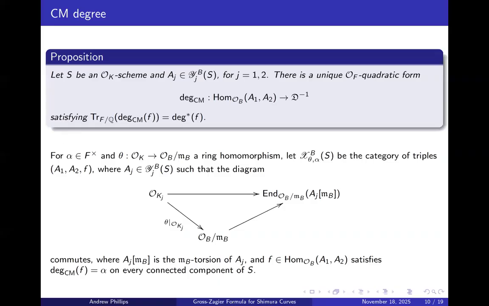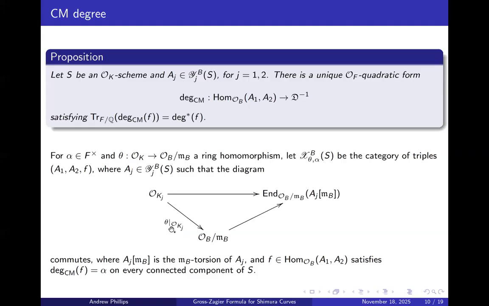We look at some ring homomorphism from OK to OB mod MB, and then we look at the moduli space of triples, where we have two CM-QM abelian surfaces and a morphism F between A1 and A2 that satisfies that the CM degree, this more restrictive, refined notion, is this number alpha that we start with, on every connected component of S. And then I introduce one extra normalization condition, which is similar to the CM condition in that it's useful later on to prove certain properties of this moduli space. And what do I assume here? I look at where this theta comes in.